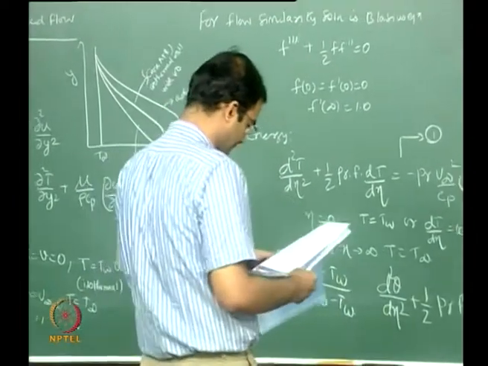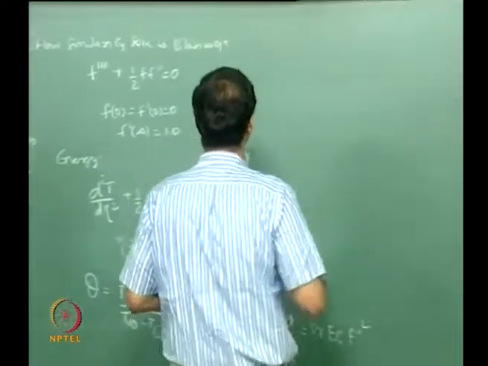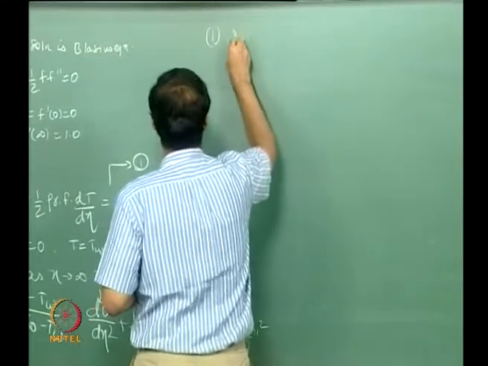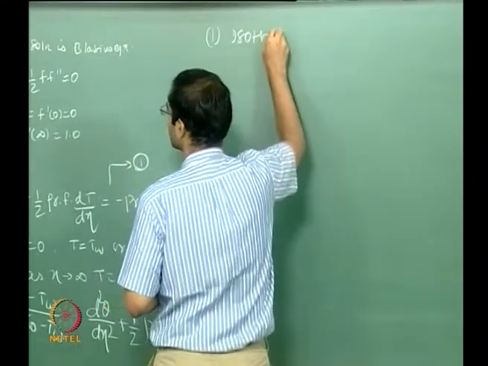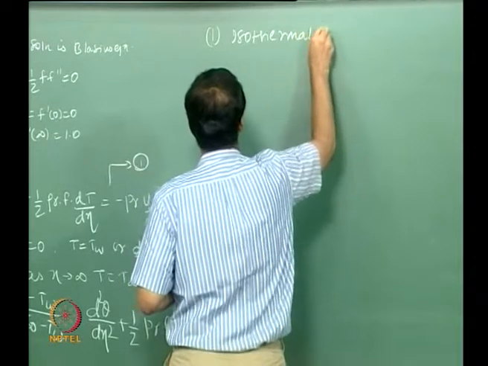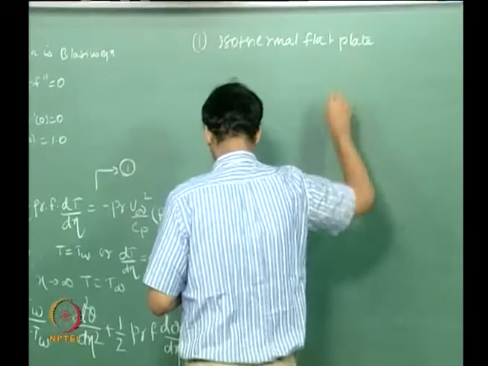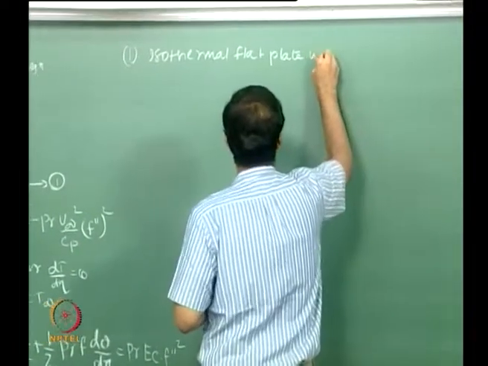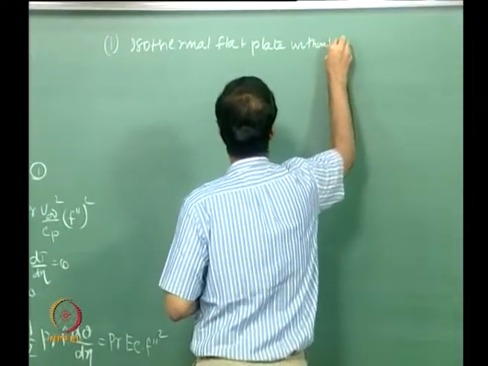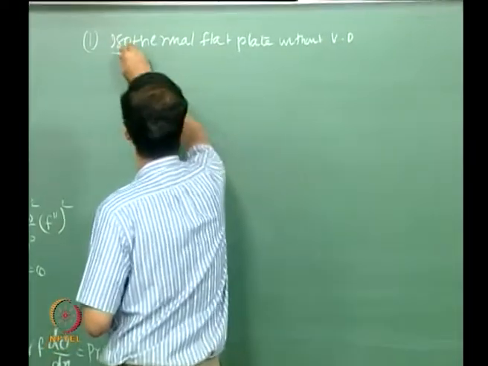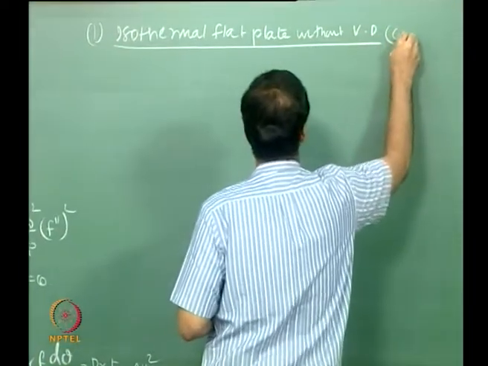So the first sub-problem we can write is the isothermal flat plate without viscous dissipation. That is your case A that I have drawn on the figure.